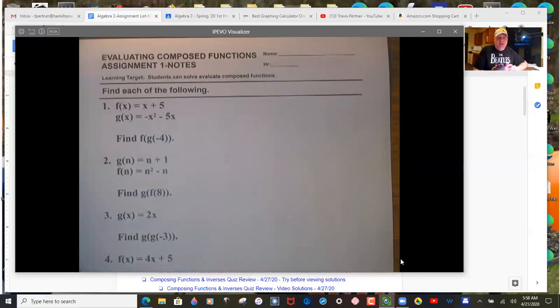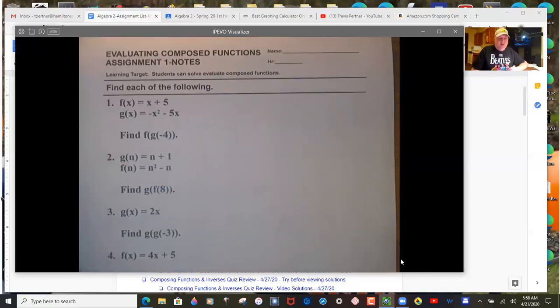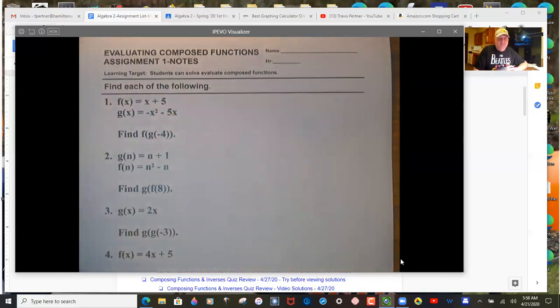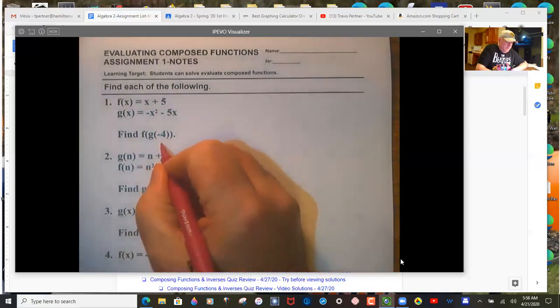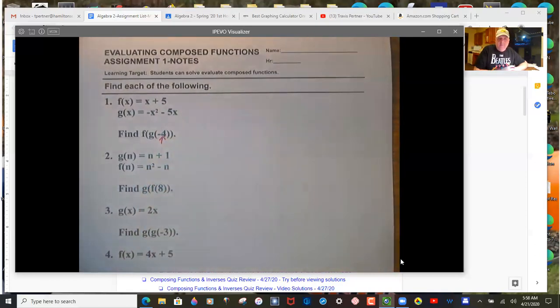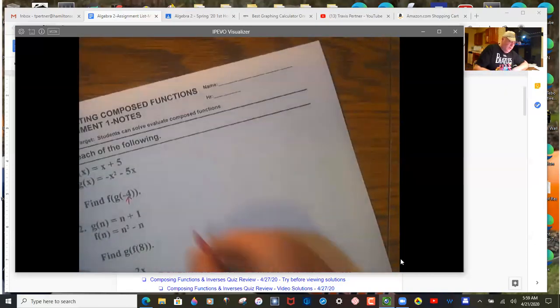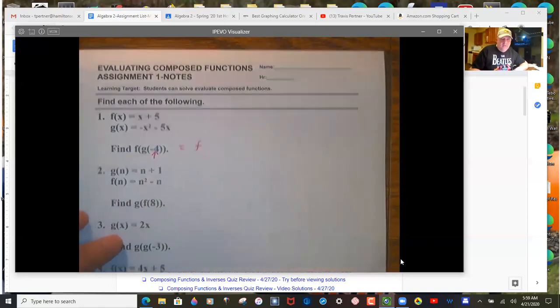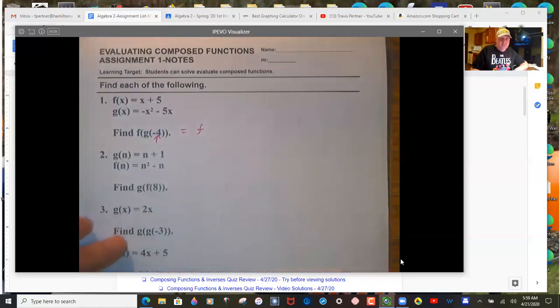So f of g of -4, what does that expression mean when we're given these 2 functions? The best thing that I can tell you is this innermost numeric value, or maybe it's a variable or variable expression, that is x, the independent variable in the g function. Then you're just going to figure out, to start with, what is g of -4.